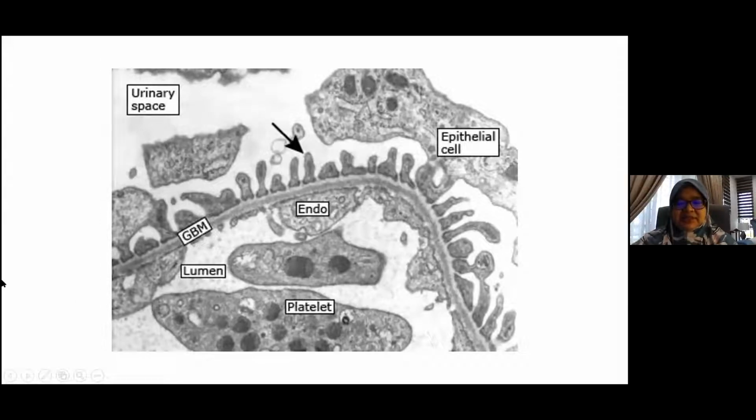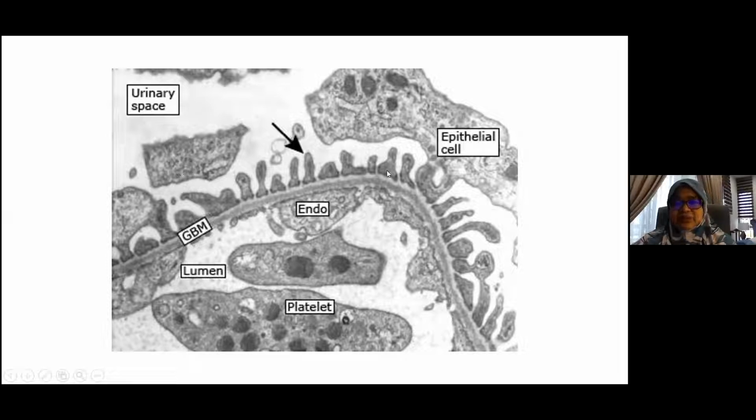Okay, so this is another area which focuses on one of the capillary loops. We can see very nice foot processes, which are usually single and separated, giving rise to the slit diaphragms. The slit diaphragms, the glomerular basement membrane and the fenestrated endothelium are all important in the ultrafiltration function of the glomerulus.